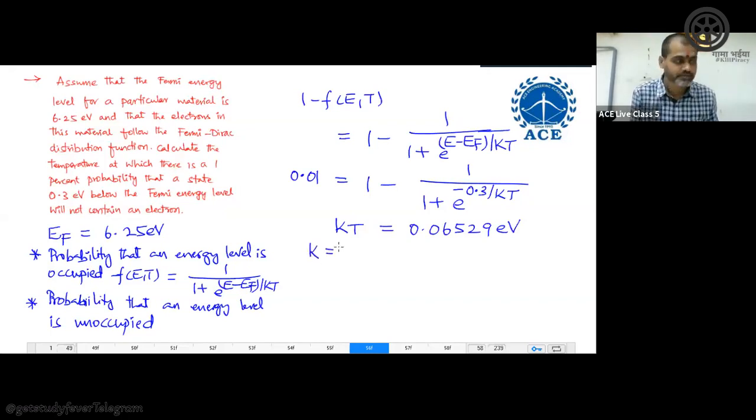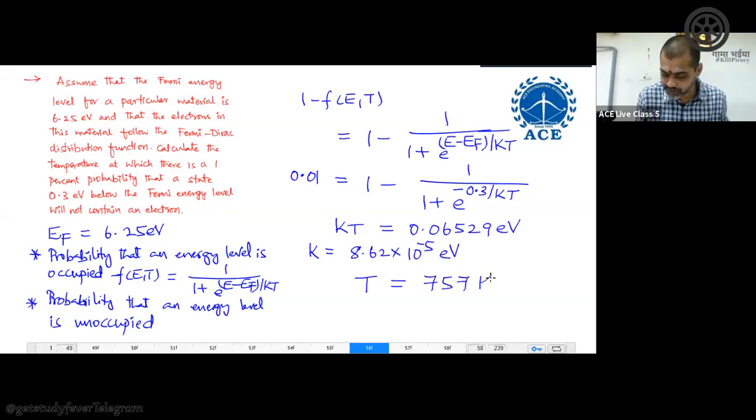K is equal to 8.62 into 10 power minus 5, because here I am expressing in electron volts. Otherwise it is in joules, and you can use the other value: 1 electron volt is 1.6 into 10 power minus 19 joules. Calculate the value of T here, and you will get T equal to 757 Kelvin.